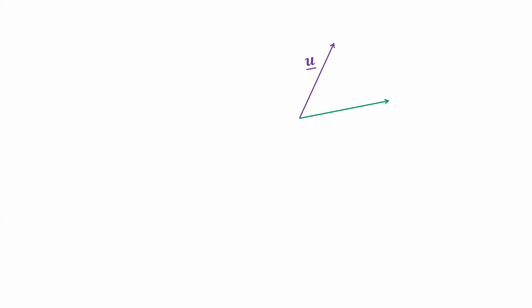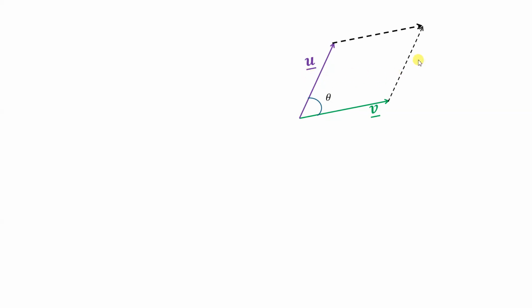Let's have two vectors with the same initial point, and let theta be the angle between these two vectors, and let's make a parallelogram with the help of these two vectors. So this is the parallelogram. This side is of course parallel to v, and this is parallel to u, and the opposite sides have equal magnitude.